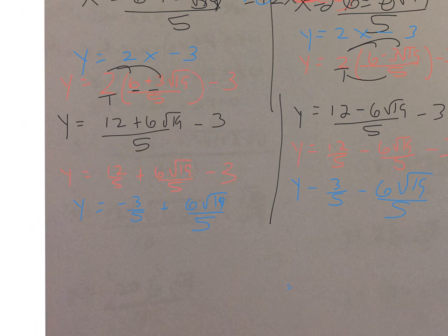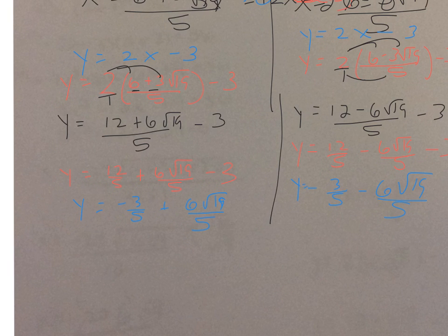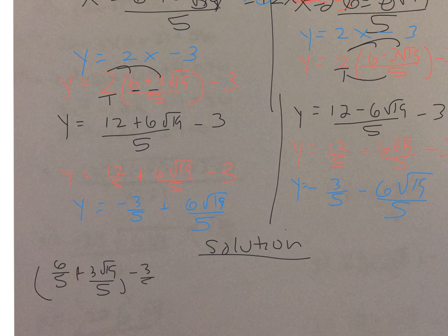So now you're going to write the word solution. All right, so over here on the left, I have my x value, which I'm going to write as a separated fraction here: 6/5 plus 3 the square root of 19 over 5, comma, and my y value is negative 3/5 plus 6 the square root of 19 over 5.